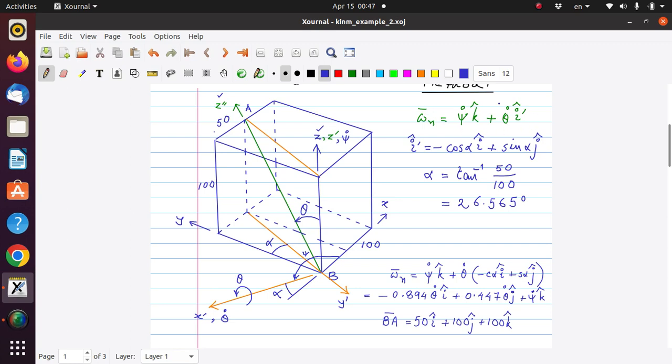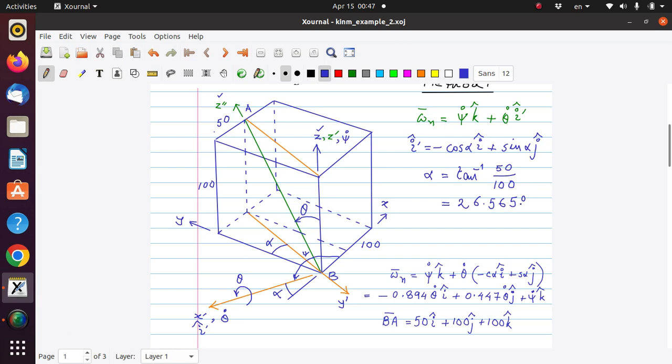So this is the angular velocity, and once we specify it, we see that there are two unknowns, psi dot and theta dot, and I dashed unit vector is along this. So that is cos alpha in the minus I direction and sin alpha in the plus j direction. So minus cos alpha i plus sin alpha j, and alpha can be found out. This is 50, this is 100, so tan inverse 50 by 100.